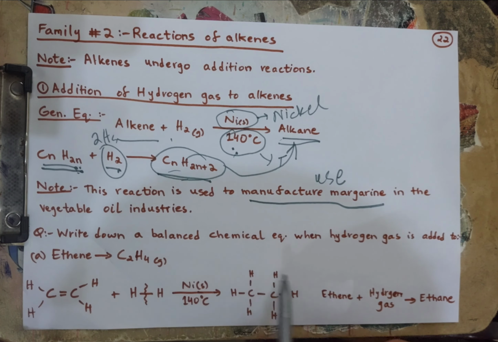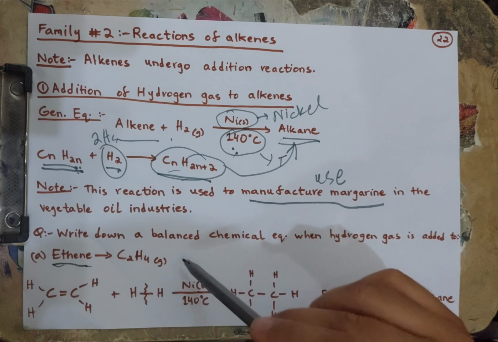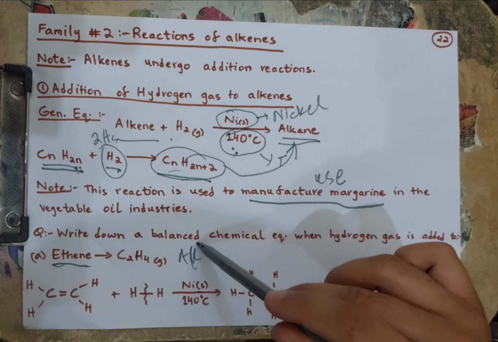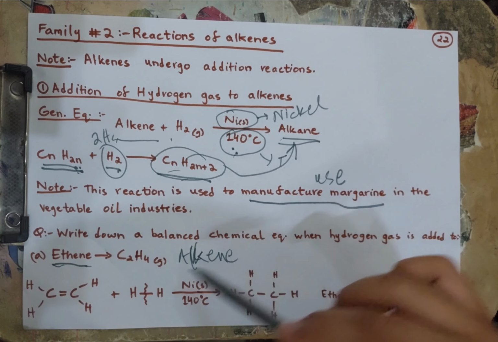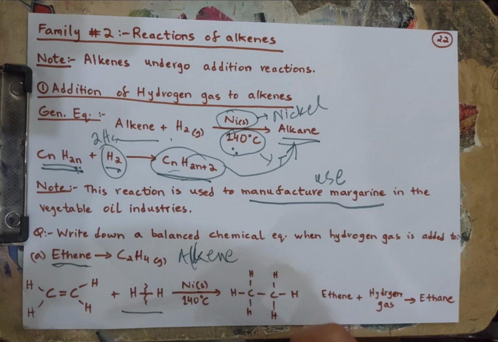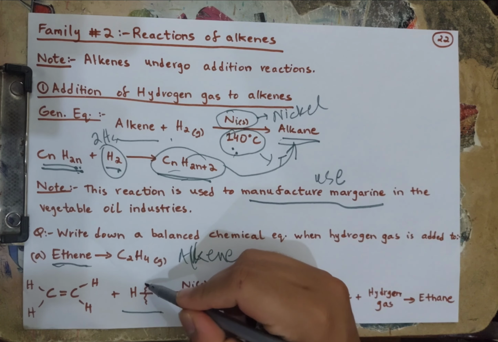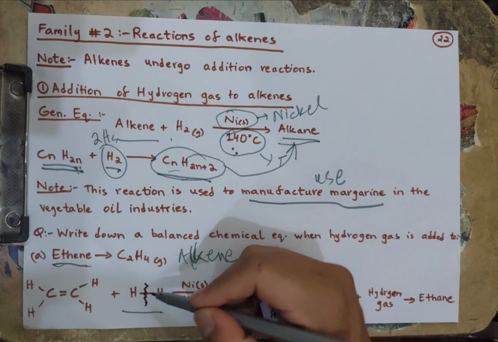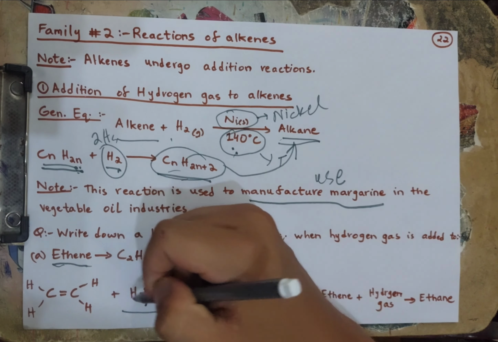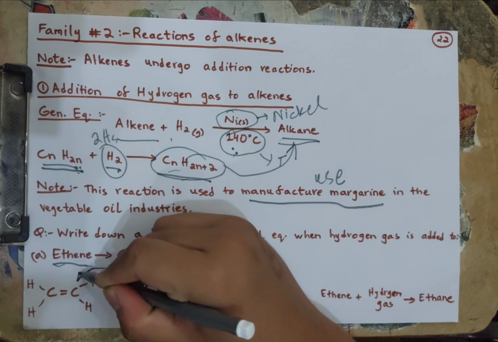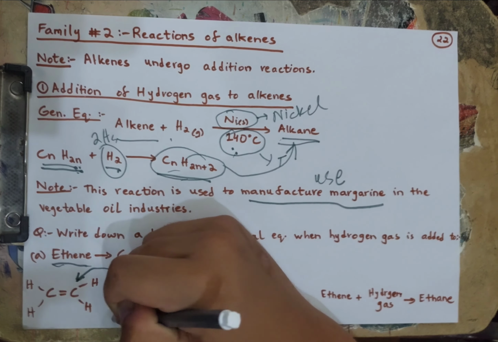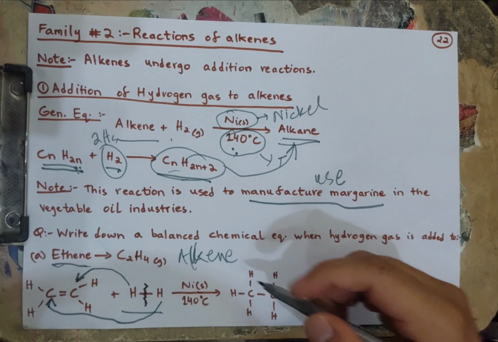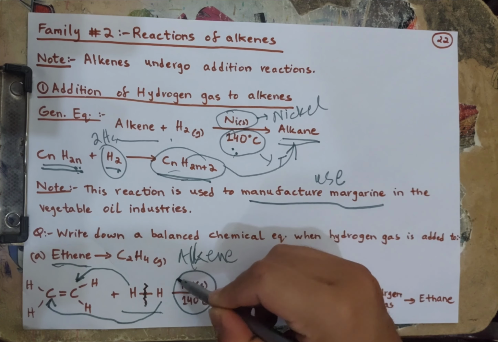Write down a balanced chemical equation when hydrogen gas is added to ethene. So here the alkene is ethene. When hydrogen gas is added to ethene, this is the structural formula of ethene. The H-H bond is broken, and one H attaches to this carbon, and the other H attaches to this carbon in the presence of these conditions.